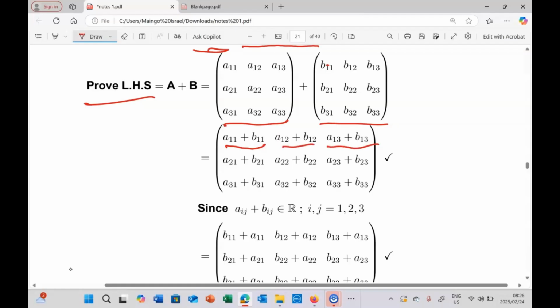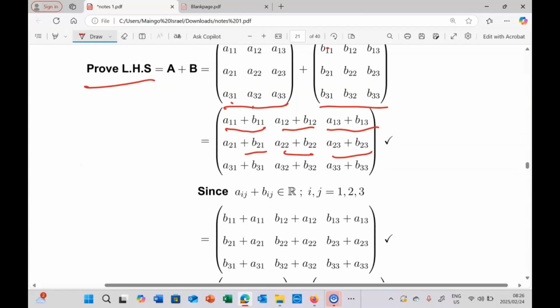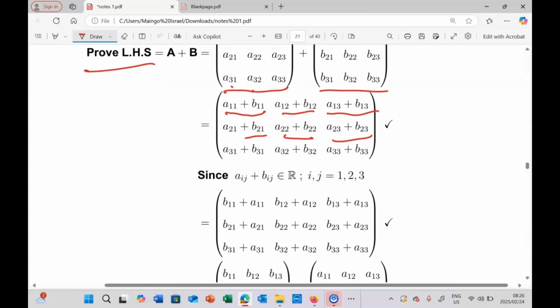Like that, adding the corresponding entries: A21 plus B21, A22 plus B22, A23 plus B23, and then you add until the last row.